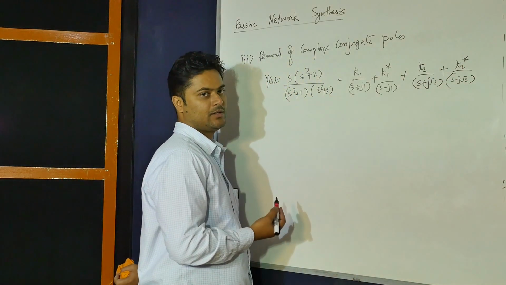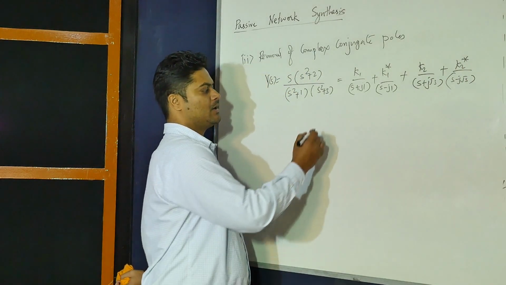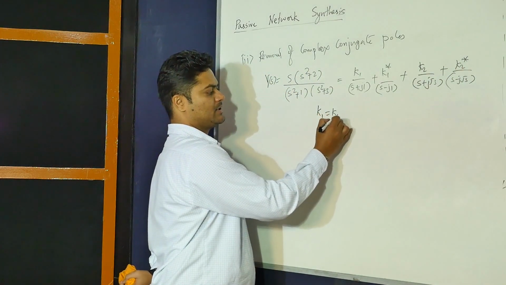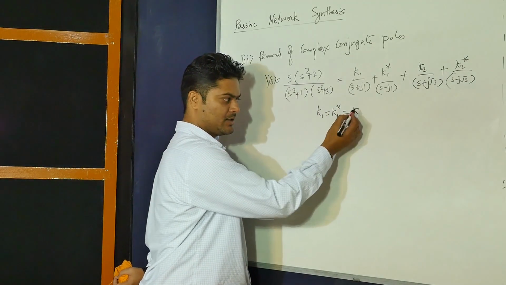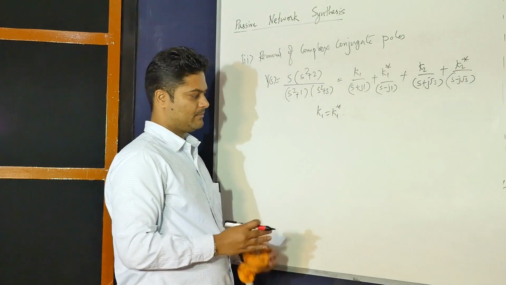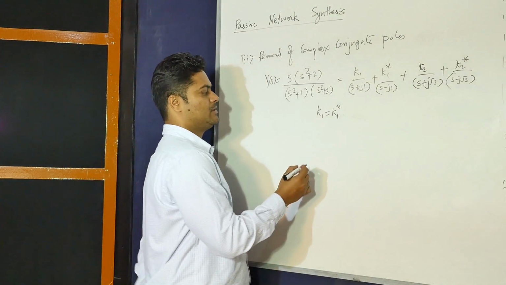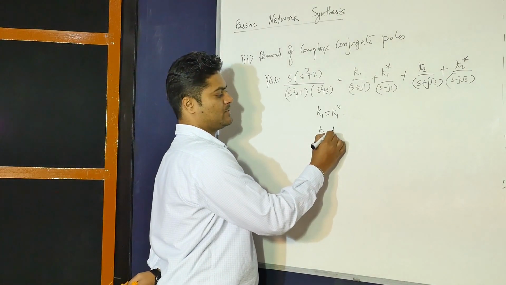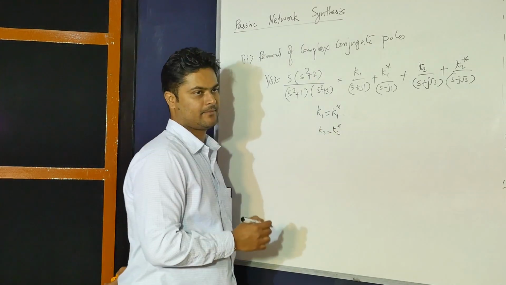As it is a PR function, k1 and k1 star have to be the same constant k1, positive and real, and k2 star is nothing but k2 only, right?